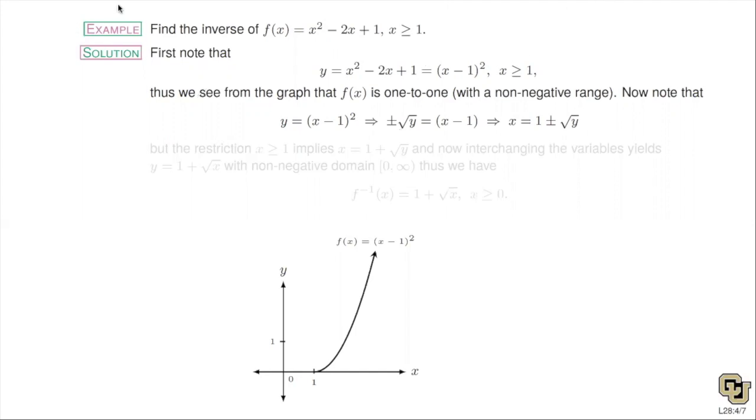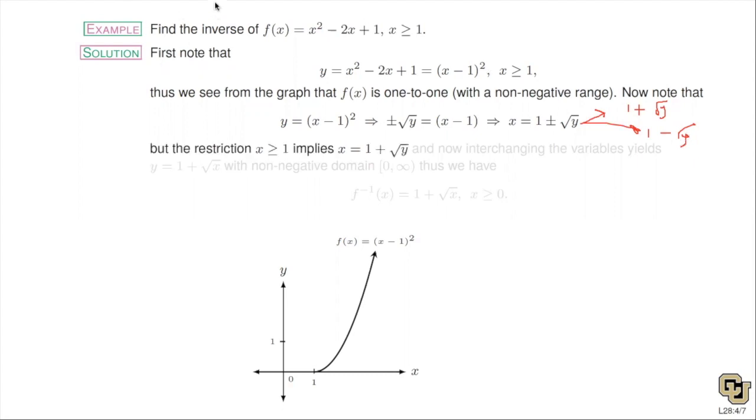Anywho, now that I've solved, here's one reason why I wanted to do this example. We actually have two answers here. x is either equal to 1 plus root y, or it's equal to 1 minus root y. So here's why I did this problem: I want you to think about how we eliminate one of these answers. Here's where we look at restrictions.